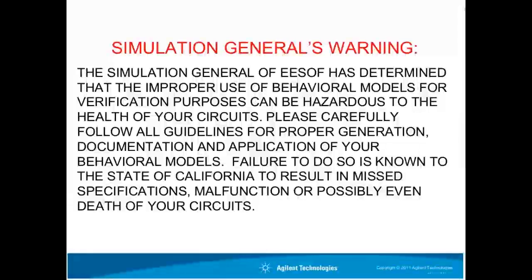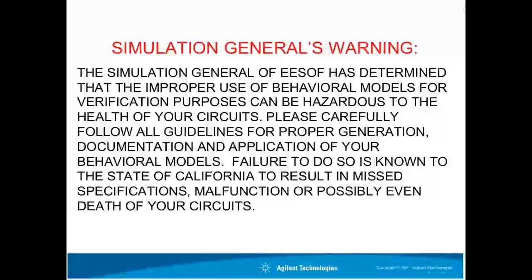So anyone who has used GoldenGate in the past to do fast envelope simulation, including engineers here within Agilent, knows that it's very easy to say, okay, I want to run this with a behavioral model and press run, and I get my results quicker in most cases. So what we're faced with, and what I've already seen happening, is that it's so easy to do within GoldenGate that people assume it's the same case when they are sharing the models out to SystemVue users. Well, it couldn't be farther from the truth.